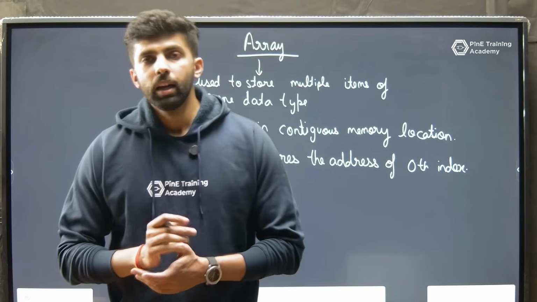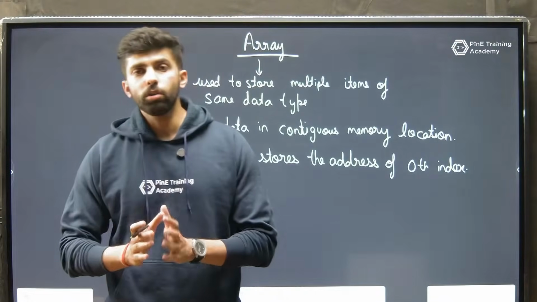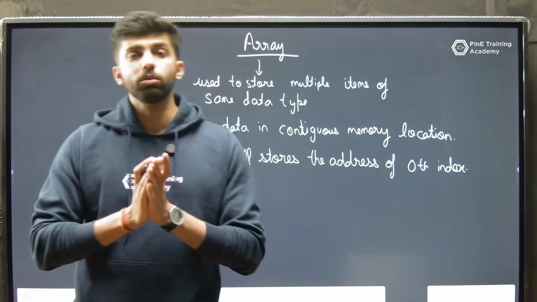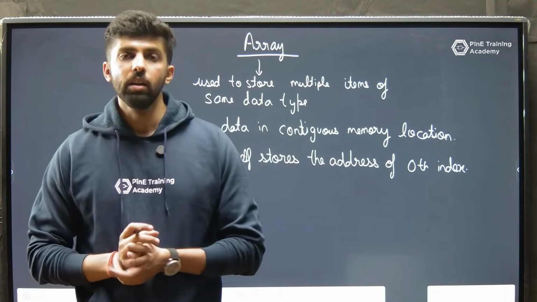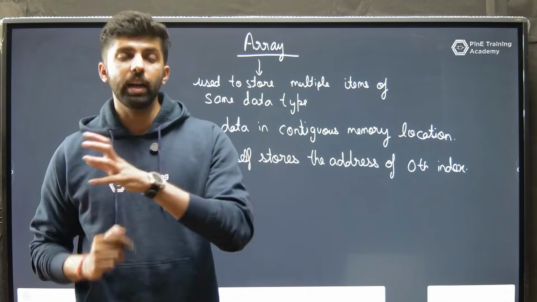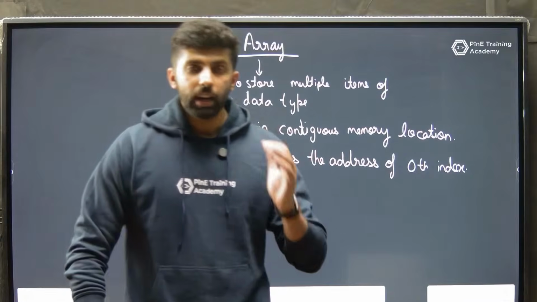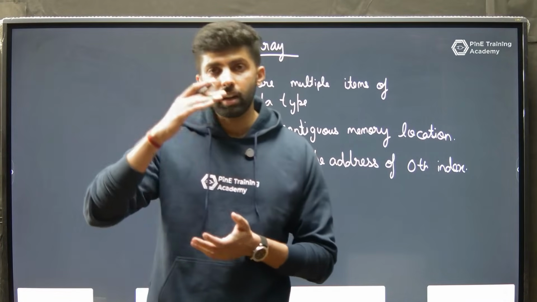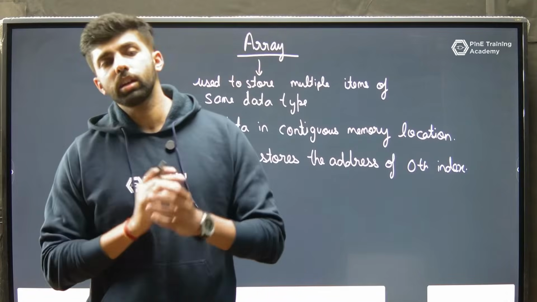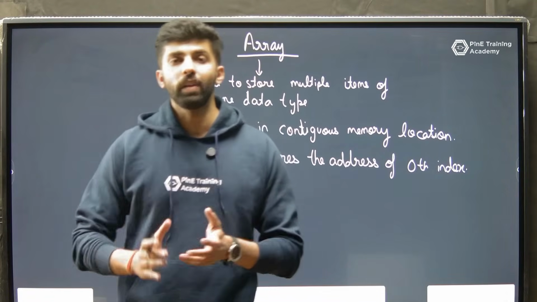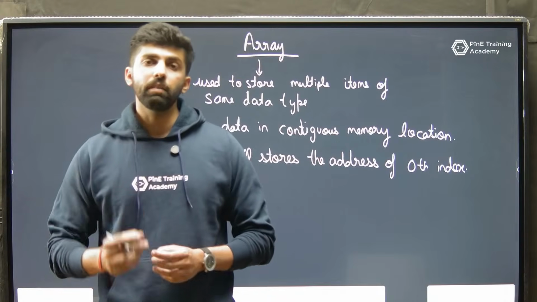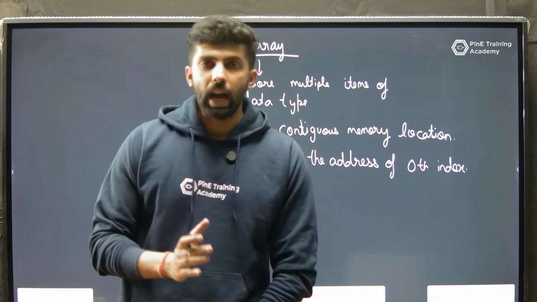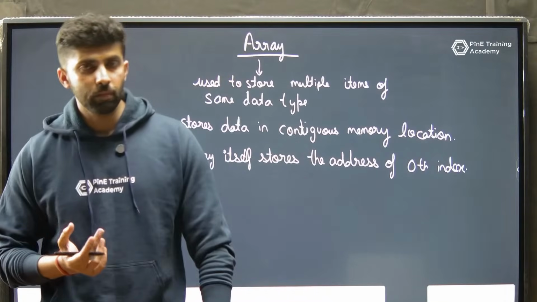If you want to store multiple similar values, it is not feasible to use 100 different variables, because it is difficult to create them manually and remember their names. For that, we have arrays.